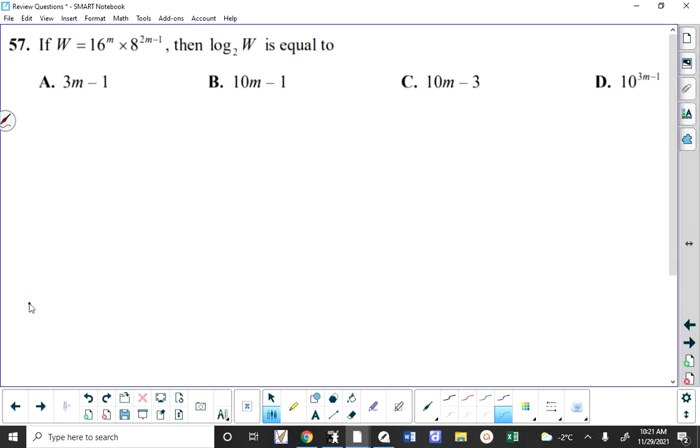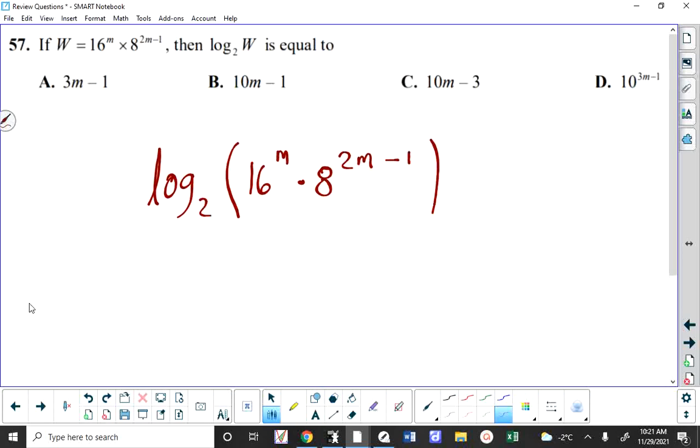Again, there's a couple of different ways you could go about a question like this. I suppose what we could do is use a system of equations approach. It's not really an equation. We're just asked to find out what log base 2 of w is. But we can write this log base 2 of w, which is what we want to find, as log base 2 of 16 to the m times 8 to the 2m minus 1.